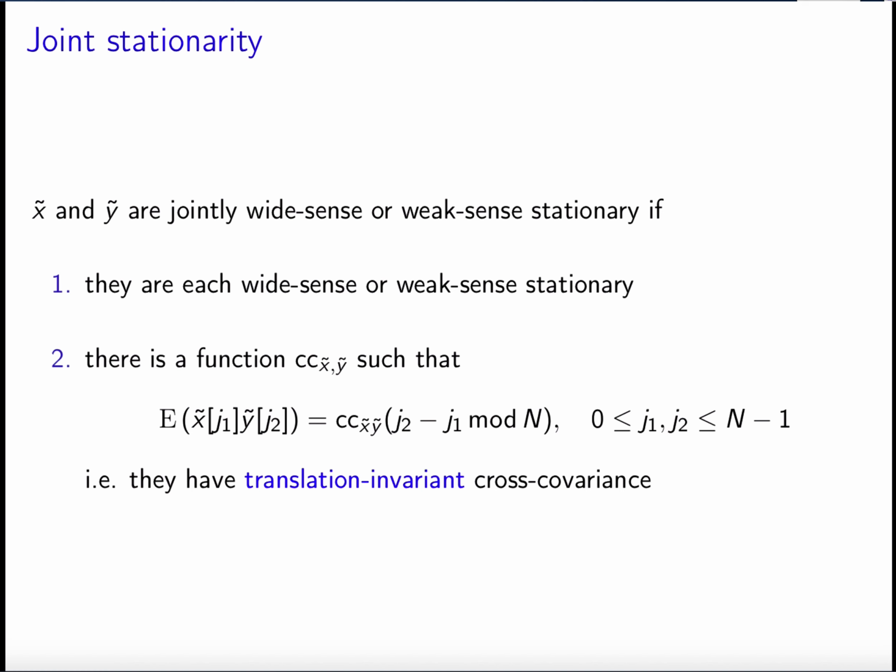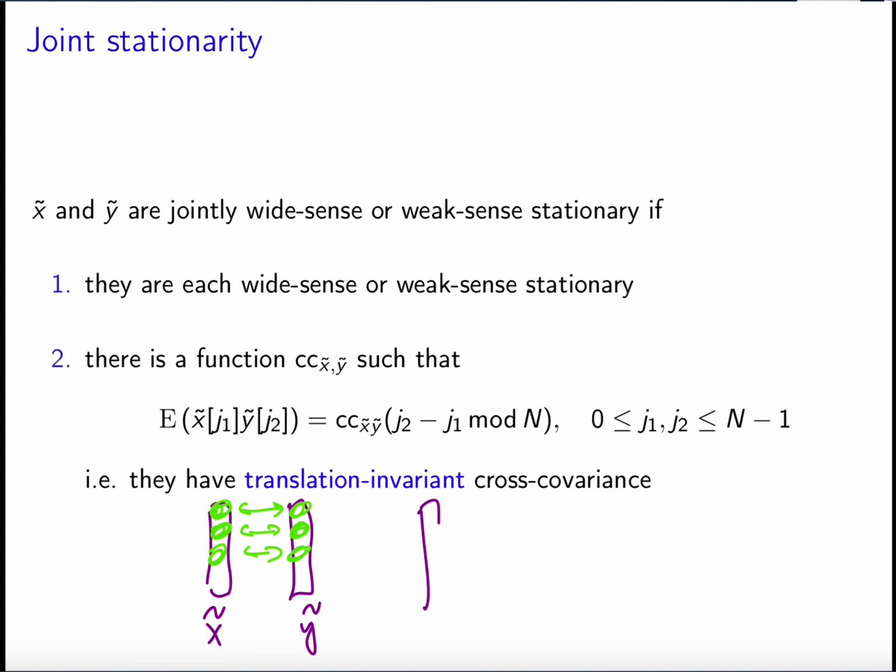We call these signals jointly wide sense or weak sense stationary if each of them separately has stationary statistics, so constant mean and translation invariant covariance, and if their cross covariance is also translation invariant. Meaning that if we take a look at x and y, the covariance between the first entry of x and the first entry of y is exactly the same as the covariance between the second entry of x and the second entry of y, and the third entry of x and the third entry of y, and so on and so forth. It's exactly the same.